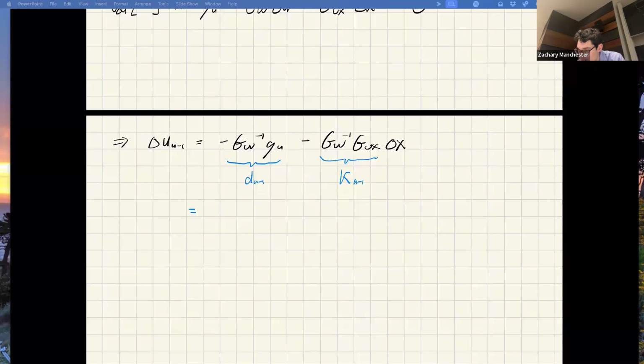And in general, another way to talk about this that you'll hear commonly is we've got this minus d_{k-1} minus K_{k-1} times delta x. And you'll hear this called a feedforward term. And this guy, a feedback term.